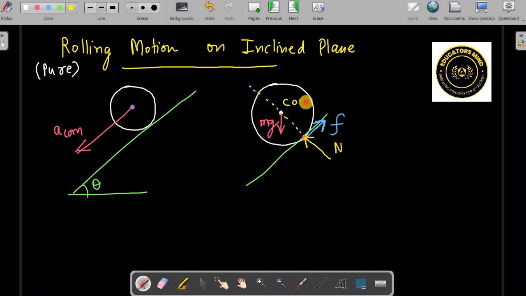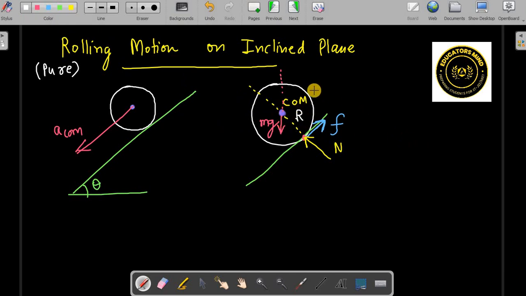If you consider the rotational effect about the center of mass, then which force is creating torque? mg does not create any torque about the center of mass, because its line of action passes through it, and the normal also does not create any torque about the center of mass, but friction is going to create torque. Let's say this is the radius.